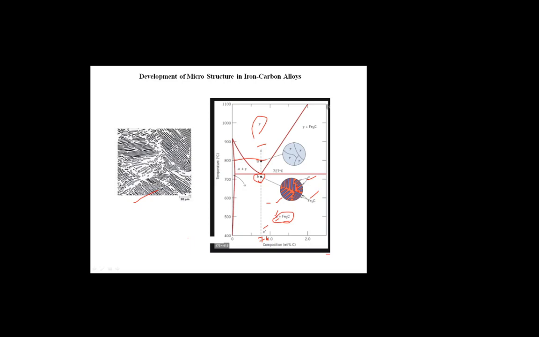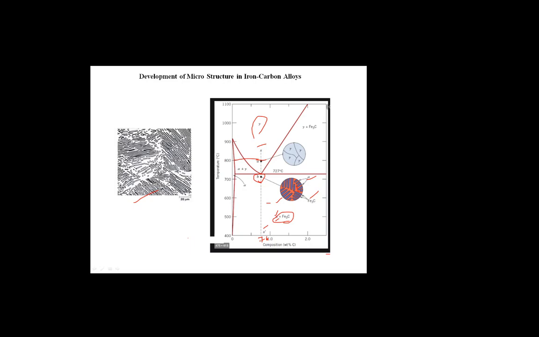The pearlite exists as grains, termed colonies, within each of which the layers are oriented in essentially the same direction, which varies from one colony to another.